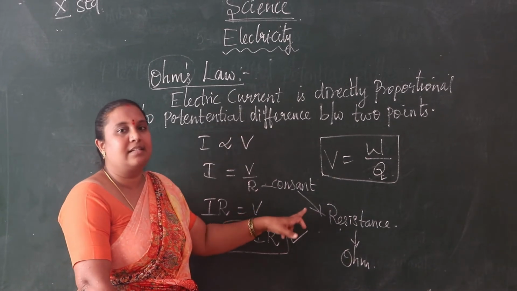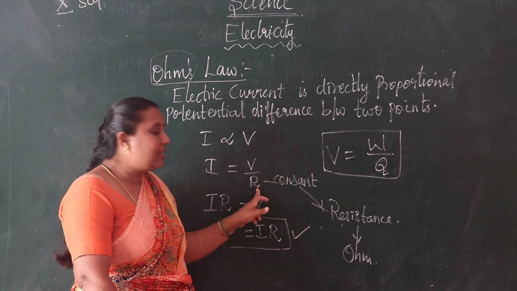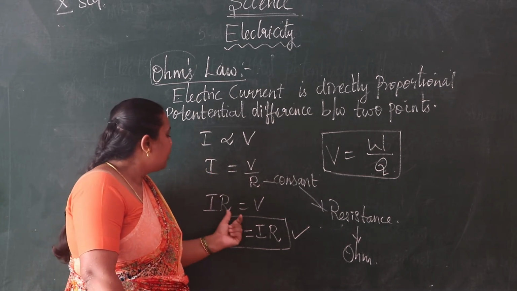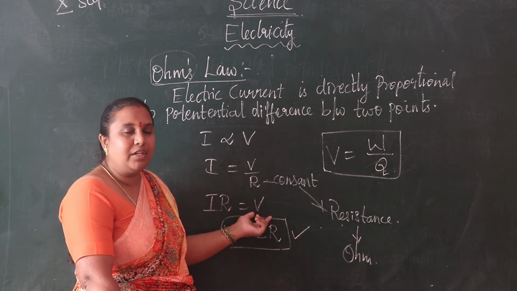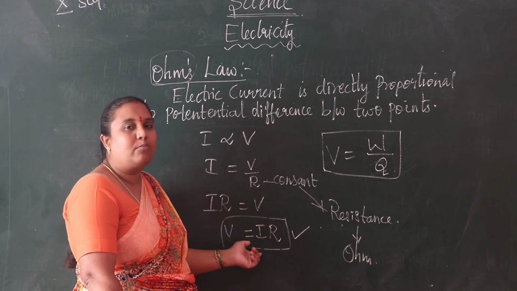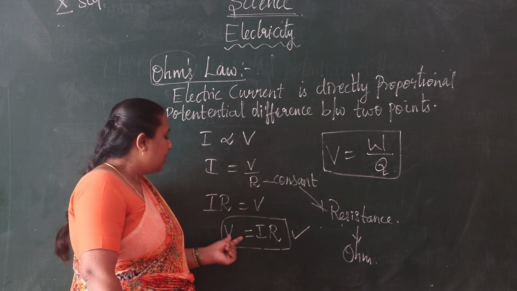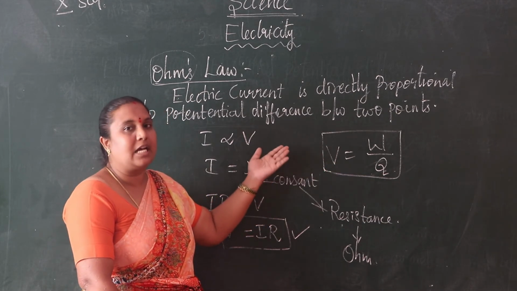So resistance R is inversely proportional to electric current. Now IR equals V, the potential difference between 2 points, so V equals IR. We have two formulas to find the potential difference between 2 points: V equals IR and V equals W by Q, which we saw in the last concept.